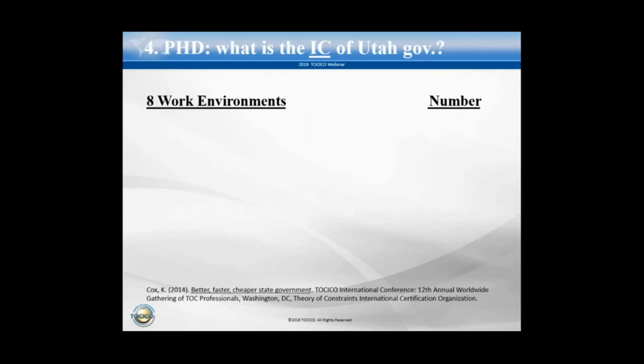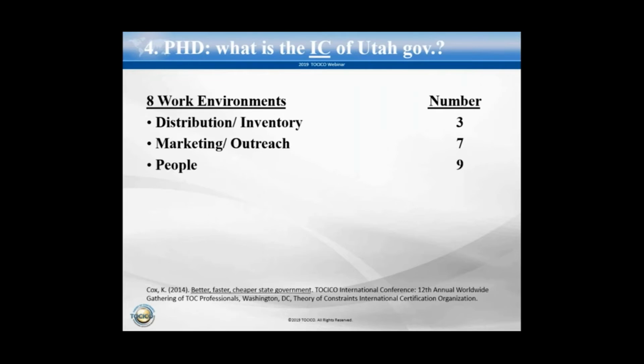Actually, what she did was she looked at the work environments. She had defined 8 different work environments for all of those agencies. If she looked at distribution inventory, there were 3 of those agencies that fit under that category using similar type information systems. Marketing or outreach type environment, there were 7.